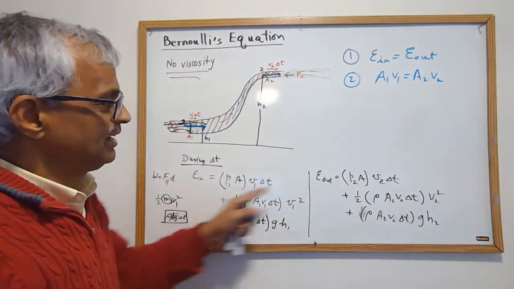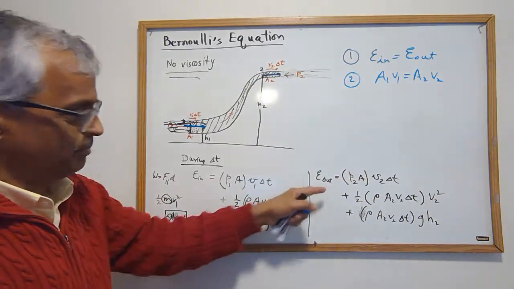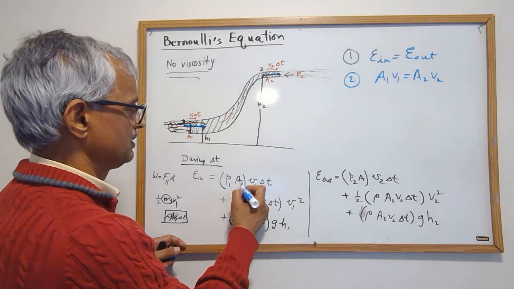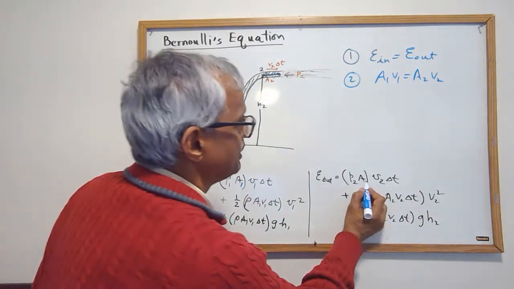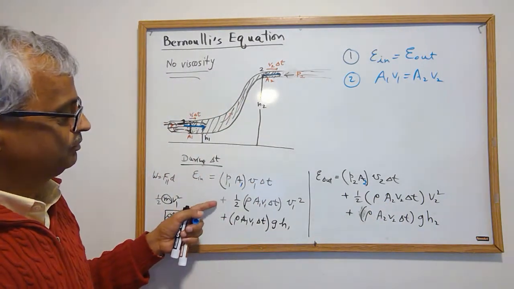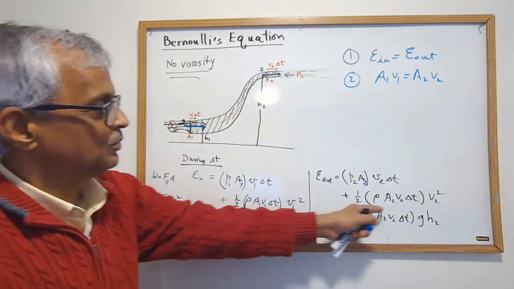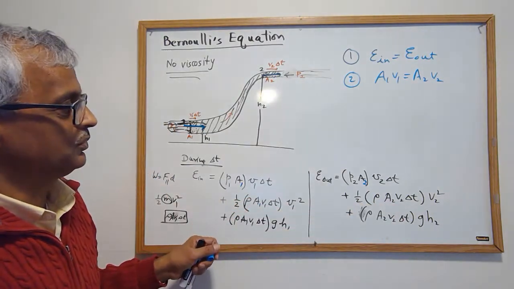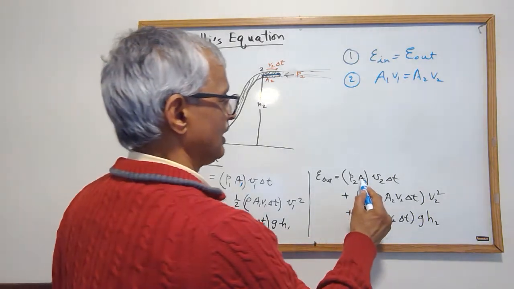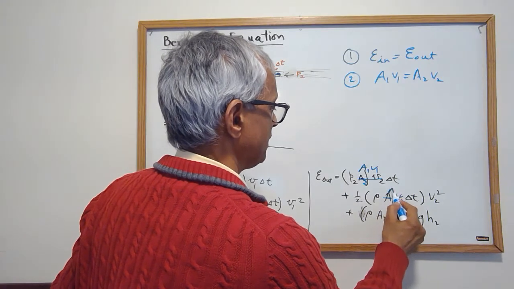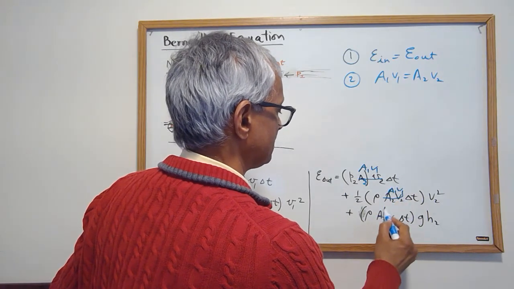Well, this E in equals E out, it's a pretty complicated expression, right? This is A1, and this should be A2. It's a complicated expression, but when you use A1 V1 equals A2 V2, you can just call this A1 V1, call this A1 V1, call this A1 V1.